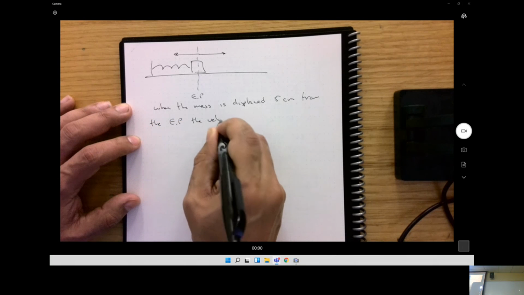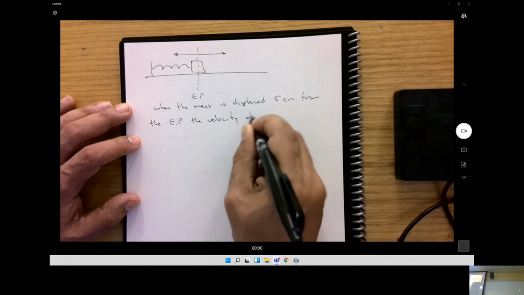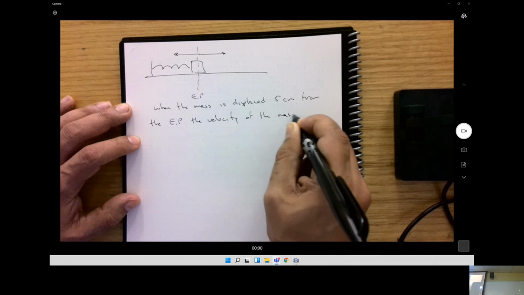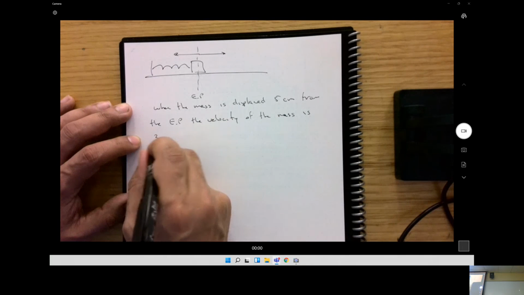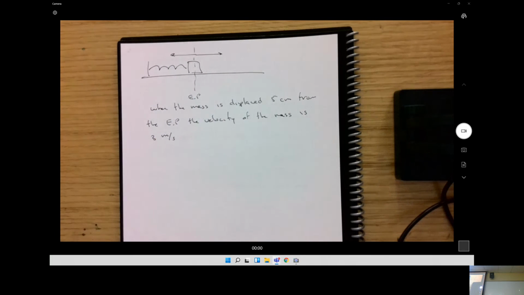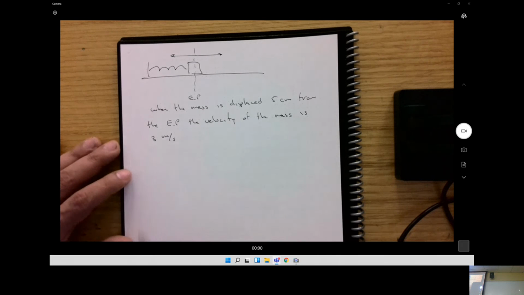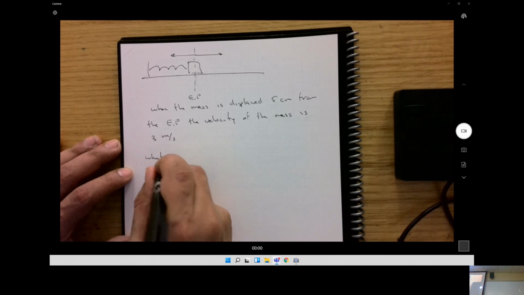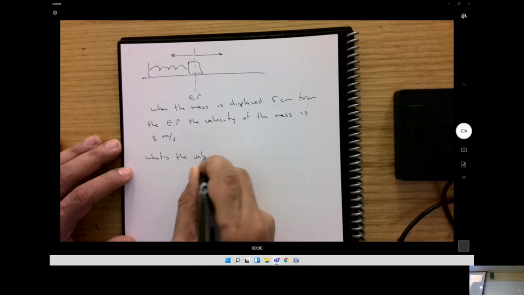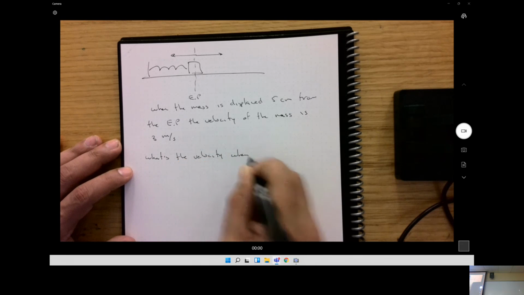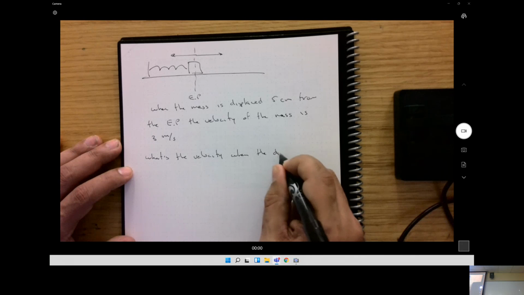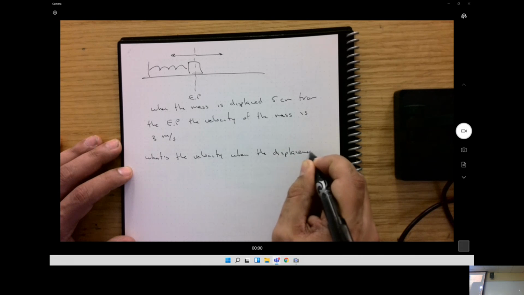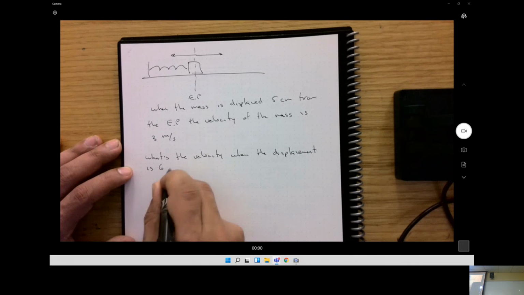the velocity of the mass is 3 meters per second. I want to know what's the velocity when the displacement is 6 centimeters.